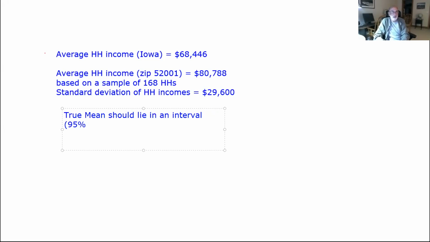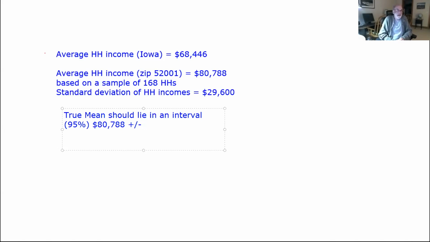I'm going to use what I would call a 95% confidence interval. Centered on what we found in our sample, plus or minus. Now, here's where we need to rely on the central limit theorem. How far off could we be?